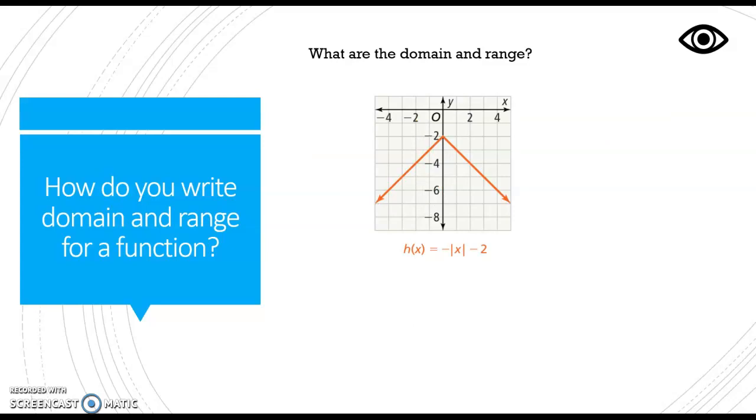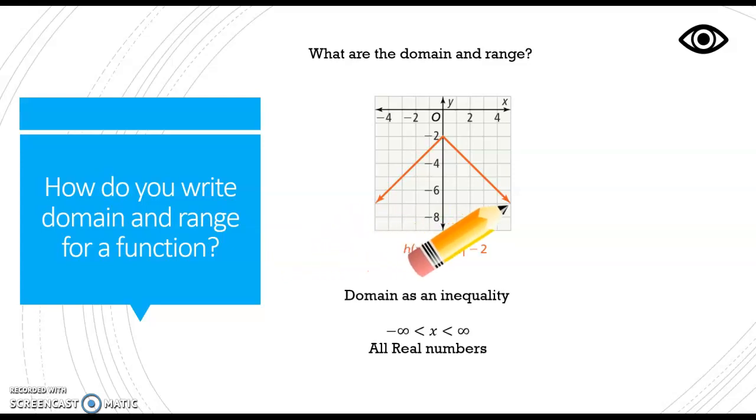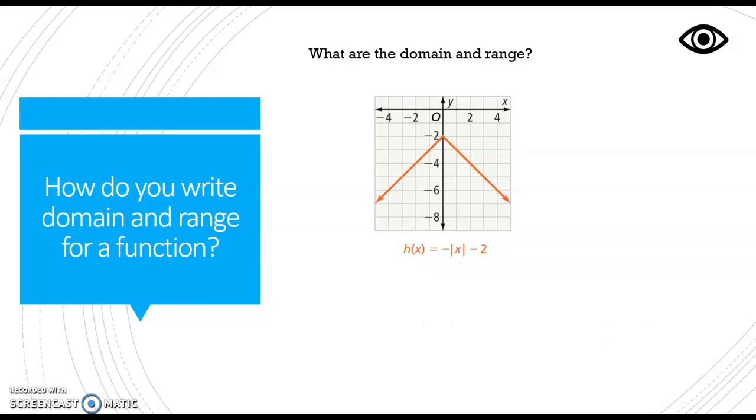Here's one more example. If I go for domain, left to right, the furthest left-hand point has an arrow. The furthest right-hand point also has an arrow, so the domain is going to be all real numbers, or negative infinity to infinity. And in interval notation, it would be the parentheses. And then from low to high, the lowest point has an arrow on it, so starting at negative infinity.